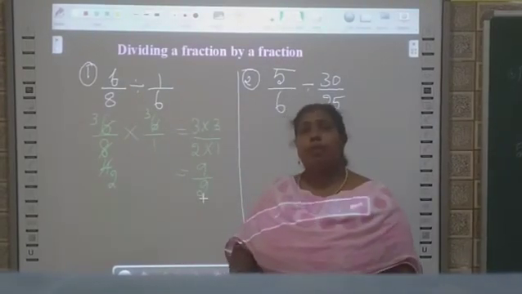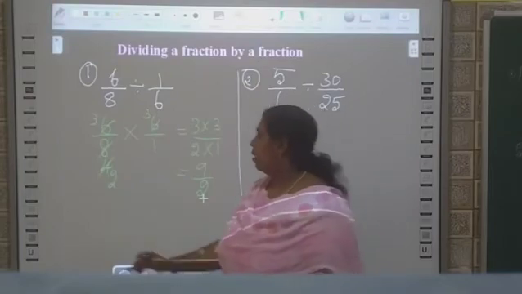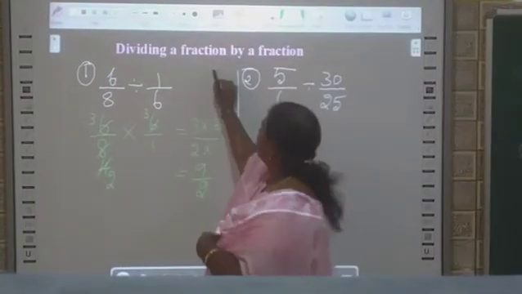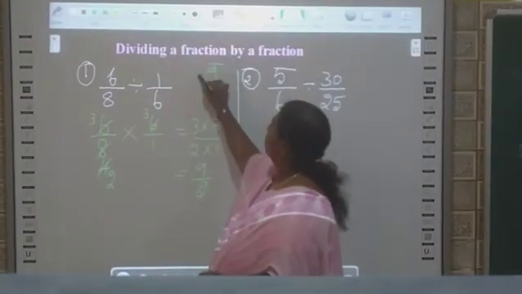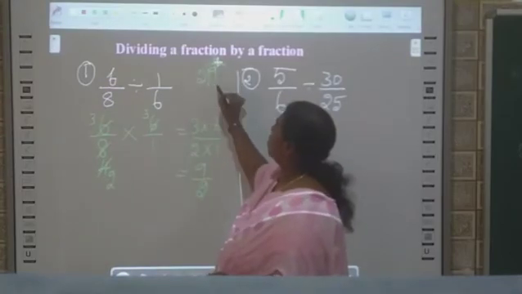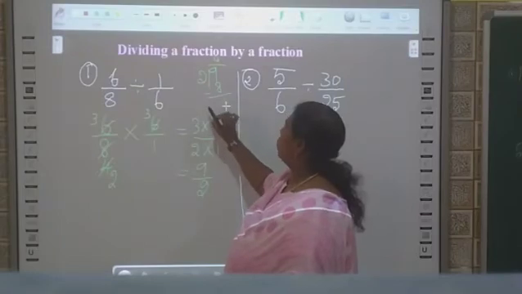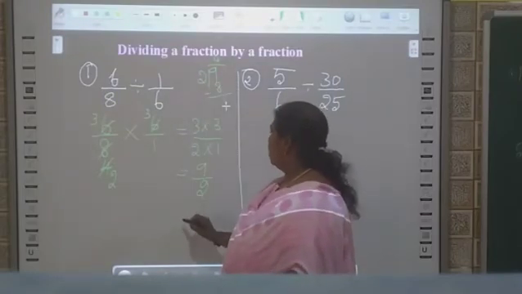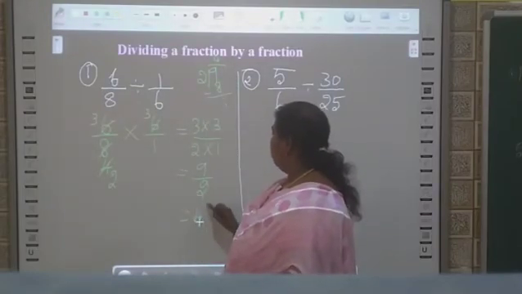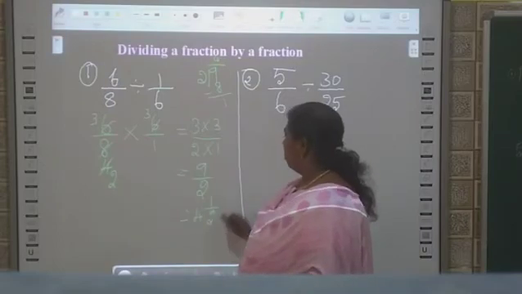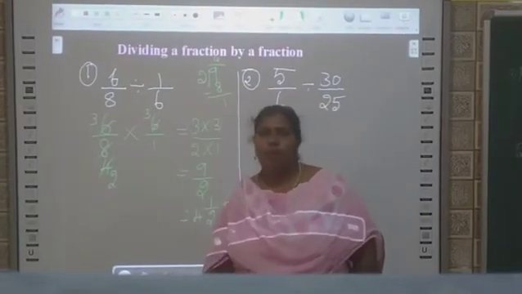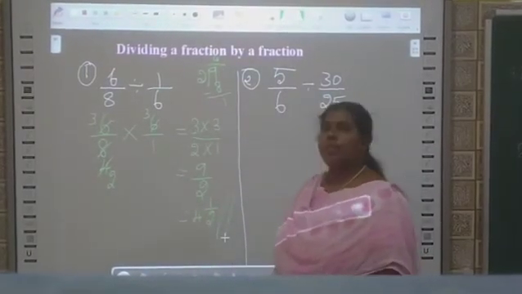So we have to convert it into a mixed fraction. 9 divided by 2: second table, 4 times 2 are 8. Subtract, 9 minus 8 is 1. So the mixed number is 4 1 by 2. Now do you understand?